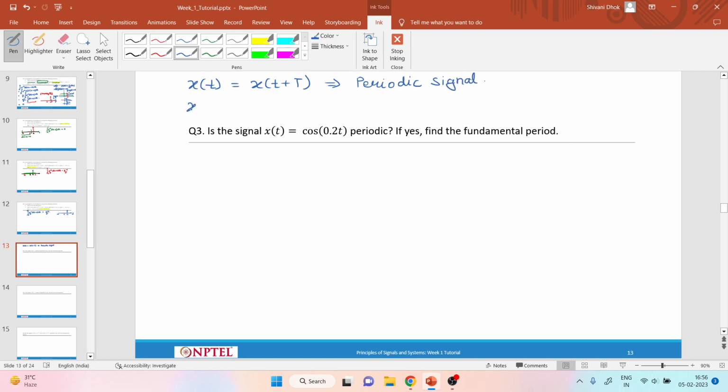Similarly, for a discrete time signal, if I have x of n equal to x of n plus capital N, where this capital N is the period, it means there exists some capital N such that after those many samples my signal starts repeating, that it takes the same value, then this will again be a periodic signal.